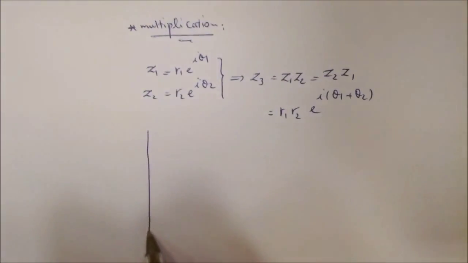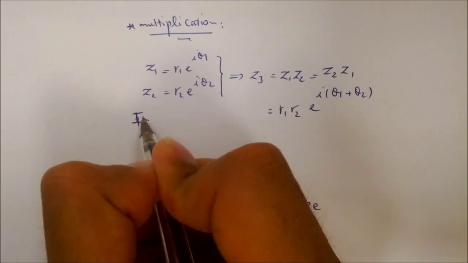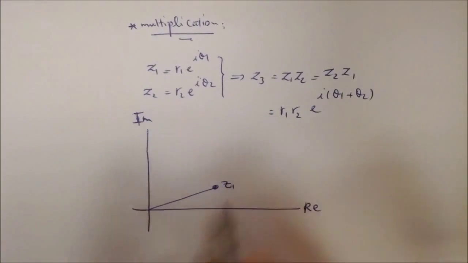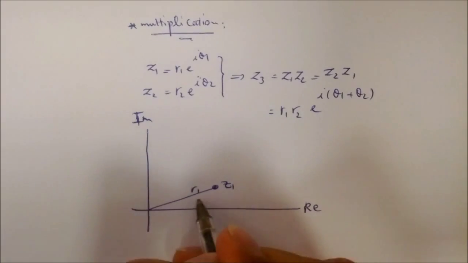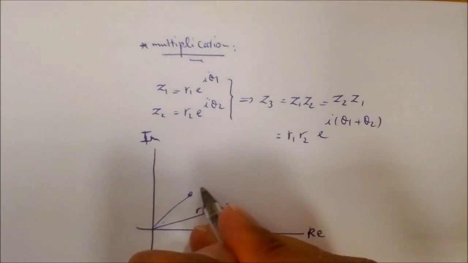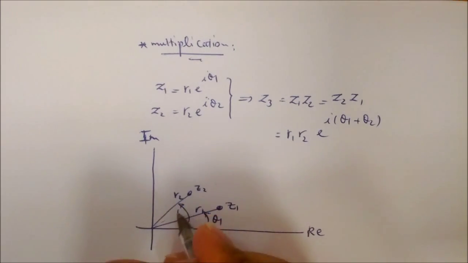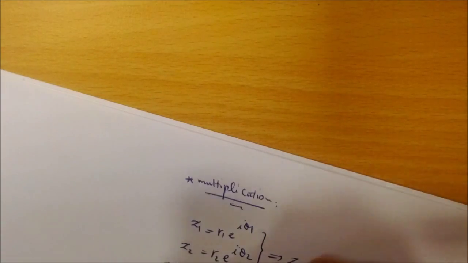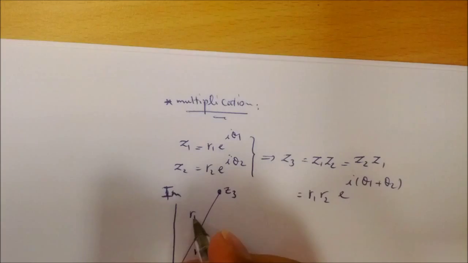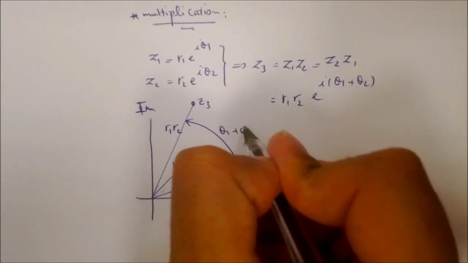So if I consider the complex plane, and if, for example, this point is z1 with r1 and theta 1, and this, for example, is z2 with the modulus r2 and the angle theta 2, this will be z3 with r1 times r2 and with the angle theta 1 plus theta 2.